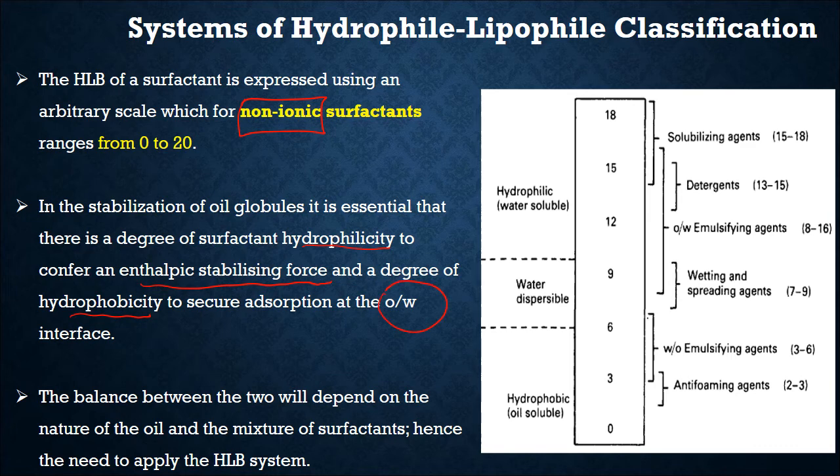The balance between the two will depend on the nature of the oil and the mixture of the surfactants, and hence the need to apply the HLB system. In our next lecture, we will learn how to calculate the HLB in order to stabilize the interface of two different phases.